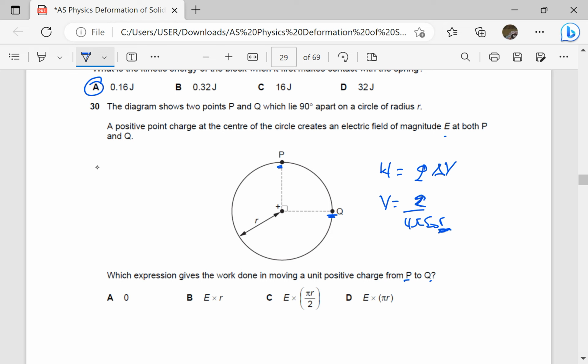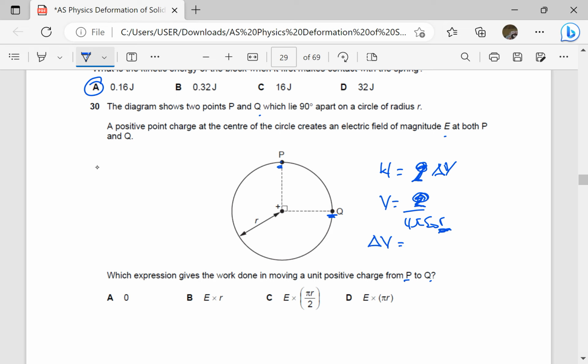A positive point charge at the center of the circle creates an electric field of magnitude E. So the potential at these 2 points is determined by the charge at the center, which I'm calling capital Q. The work done is smaller q times difference in potential. Because the distance from point P to the center is the same, there is no difference in potential.